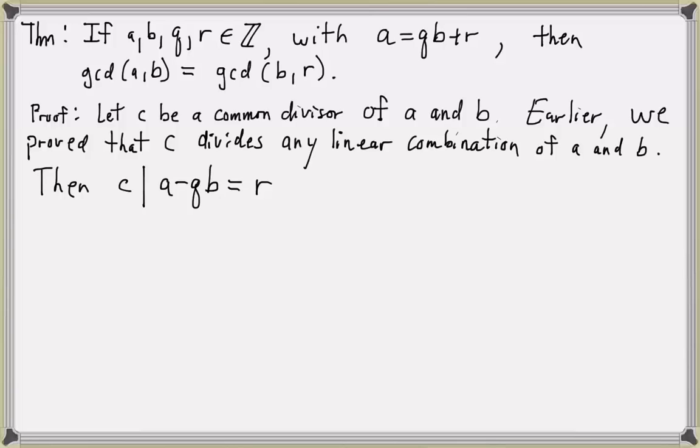So A minus QB is a linear combination of A and B, so therefore C divides A minus QB, which is R. Thus, C is a divisor of R. So if C is a common divisor of A and B, C is also a common divisor of B and R.